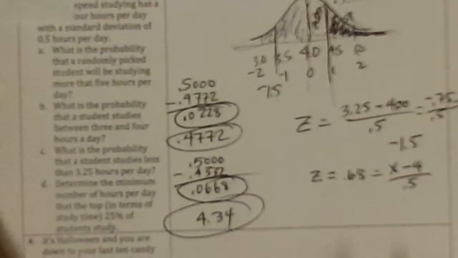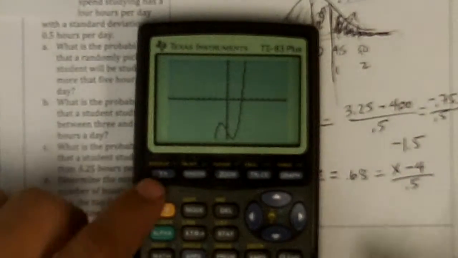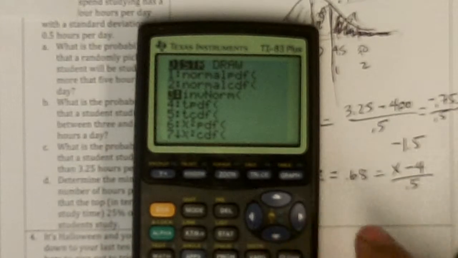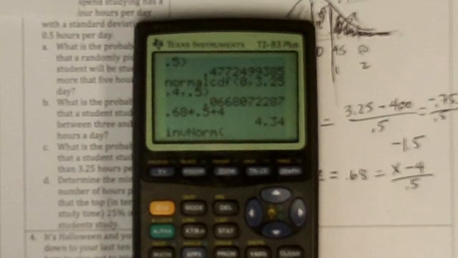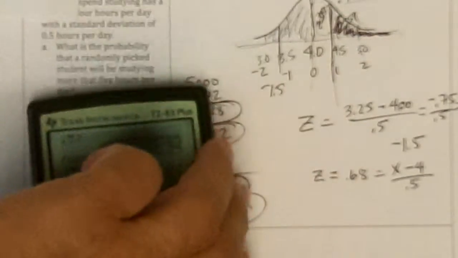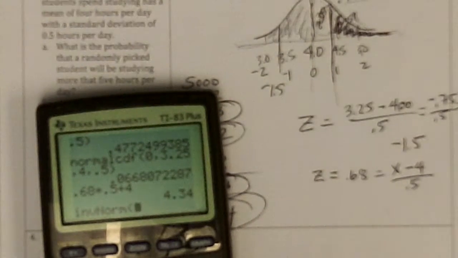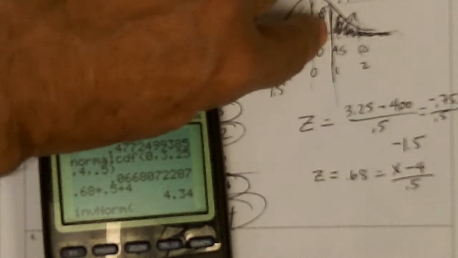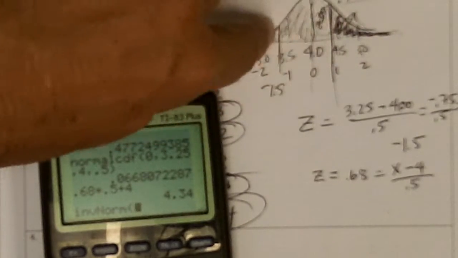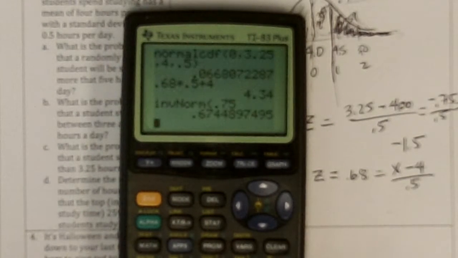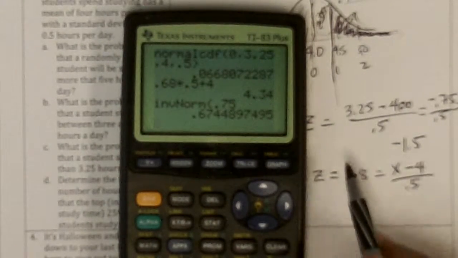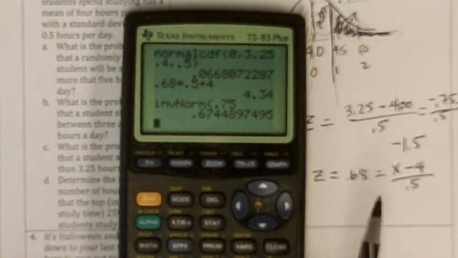Now I could also get this with the calculator. We know the area, and so we want to find the raw score, so that's inverse normal. This calculator calculates area from the left side up, and so if I want 25% up there, I need 75% down there, so I'm going to go 0.75, and if I do that, it would have given me the z-score, 0.674 instead of 0.68.